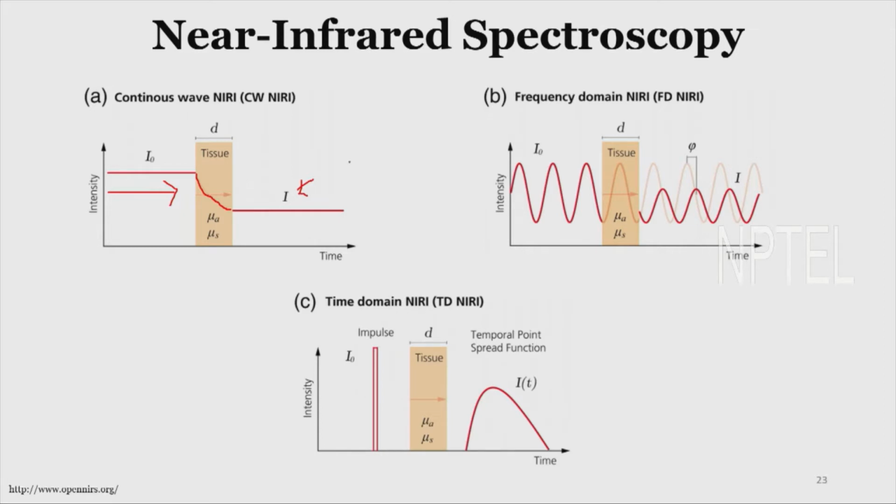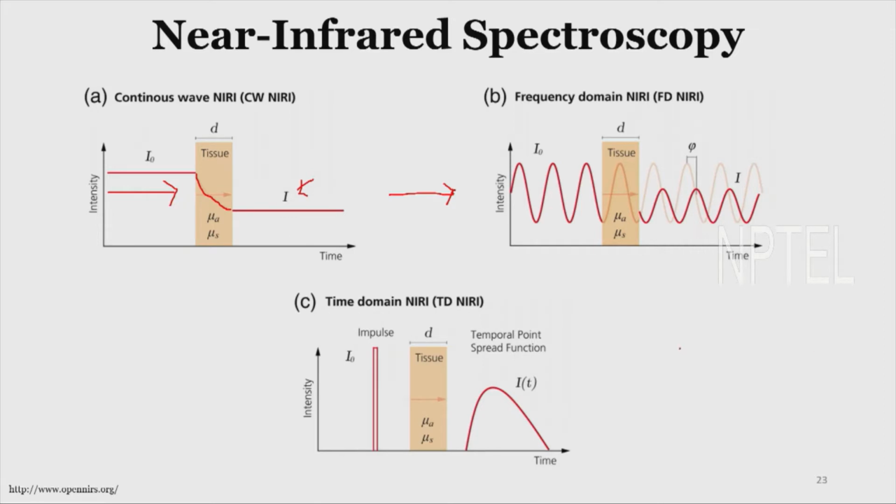But in the case of continuous wave you can use the silicon photodetector itself. When you go to even higher frequencies, for example in the order of megahertz, you are able to distinguish between the phases of the different tissues. In that case we are not giving a continuous signal to the tissue, but a sinusoidal input.